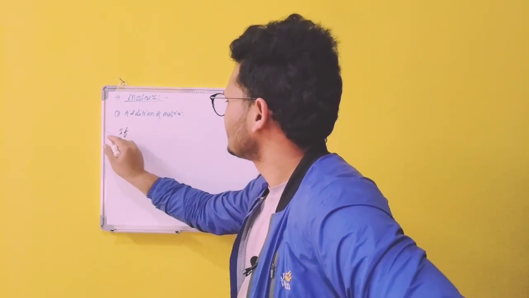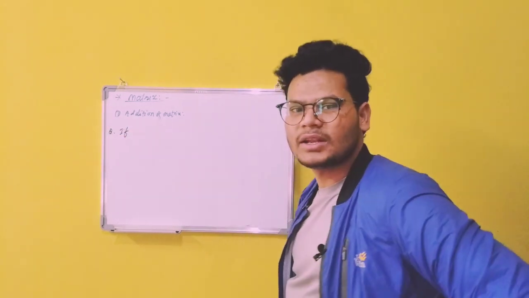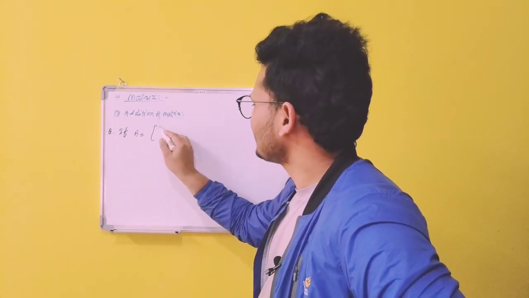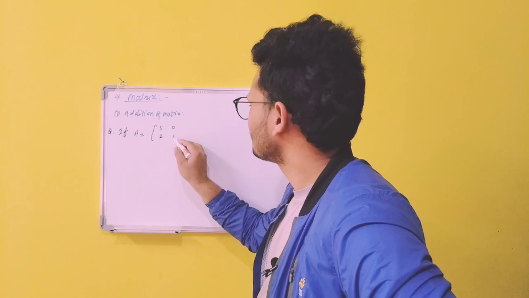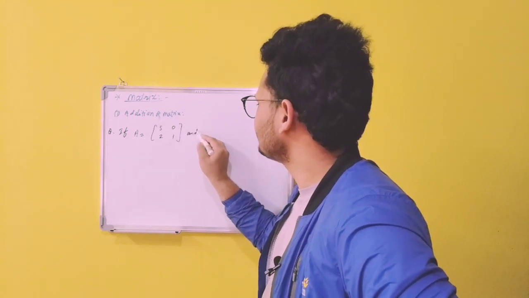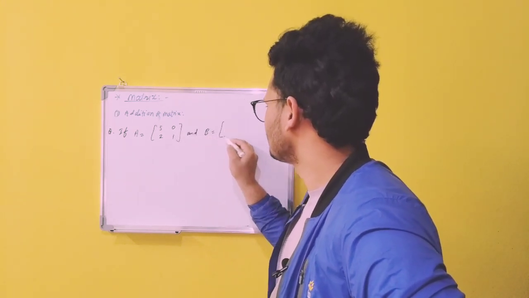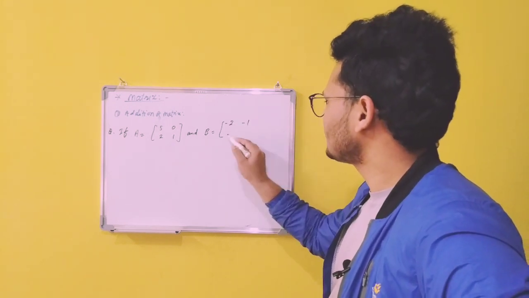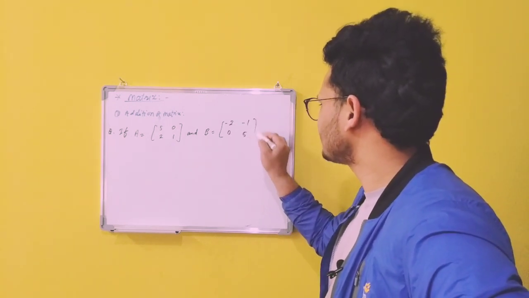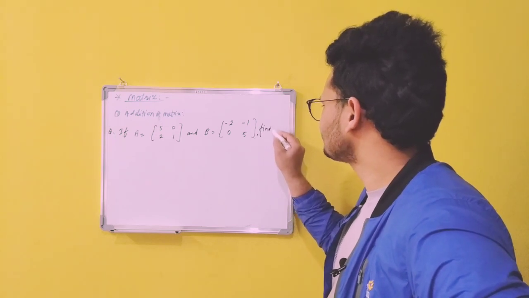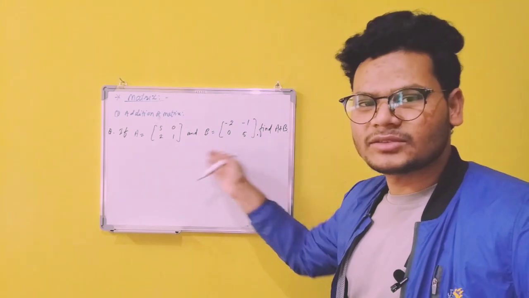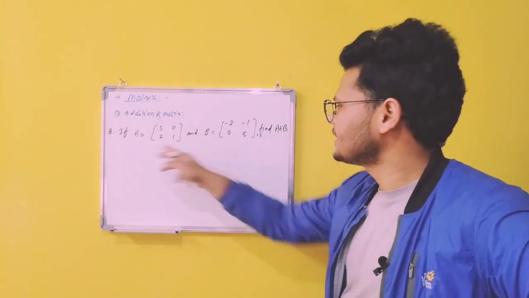Question number 1, if A is equal to 5 0 2 1 and B is equal to, suppose, -2 -1 0 5, suppose that, our question is find A plus B. How to do this type of question? Addition of matrix, we need to add these two matrices, given matrix A and B, right?